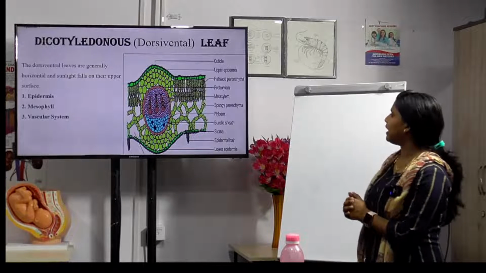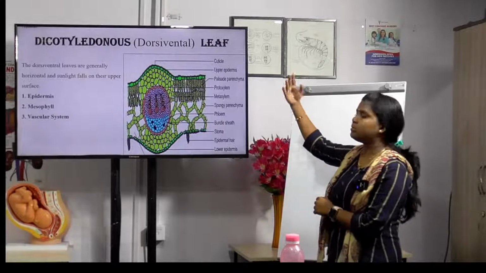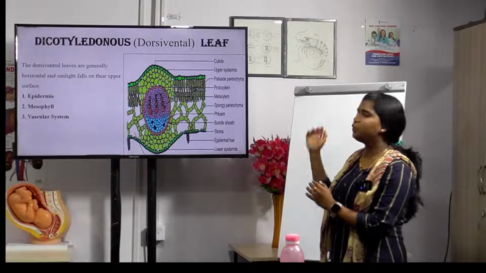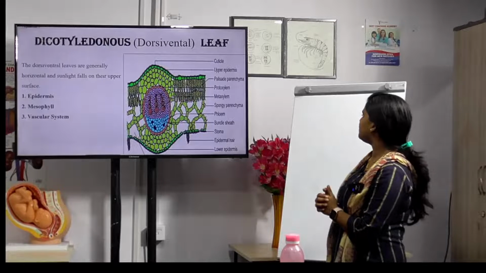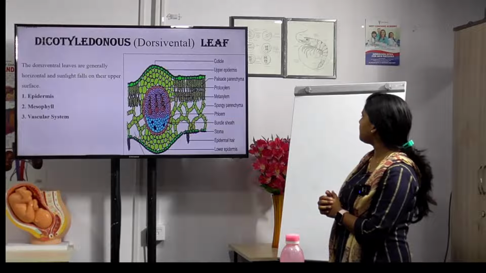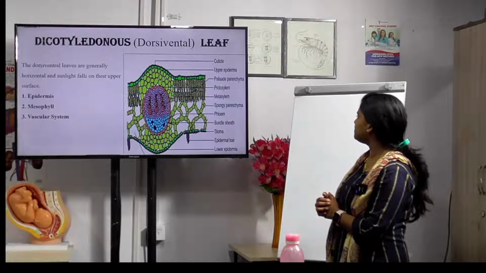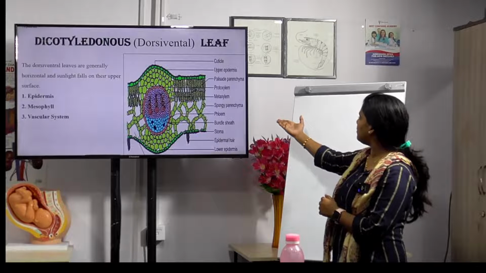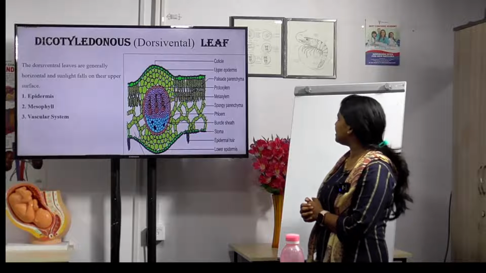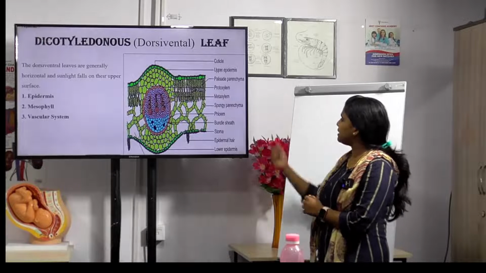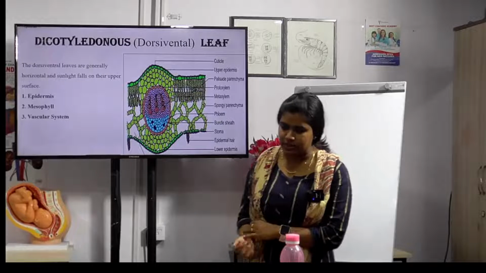The cuticle covers the leaf over the epidermis. The vascular system has xylem and phloem: protoxylem and metaxylem form the inner part, and the phloem is below.